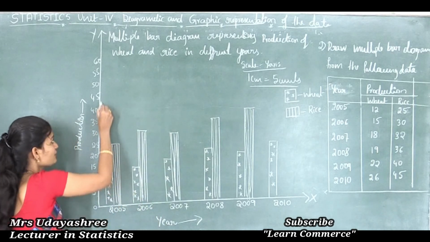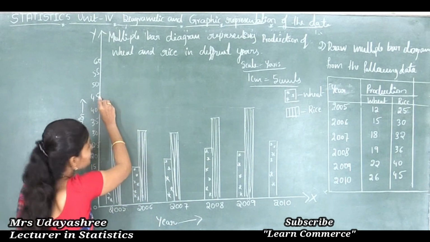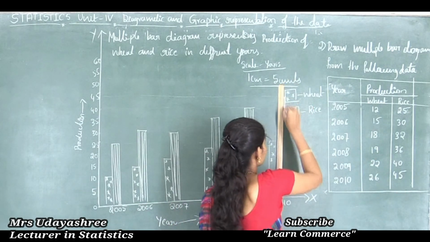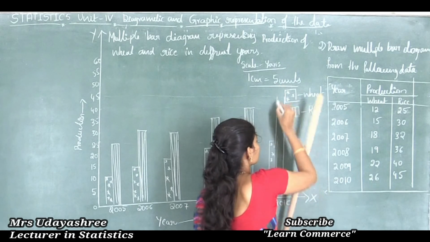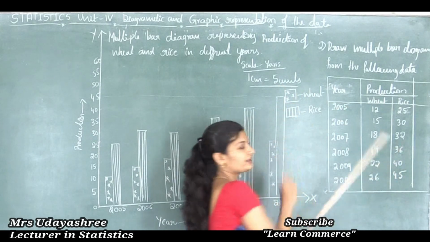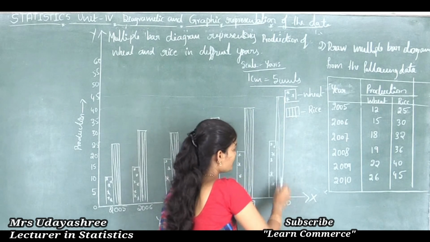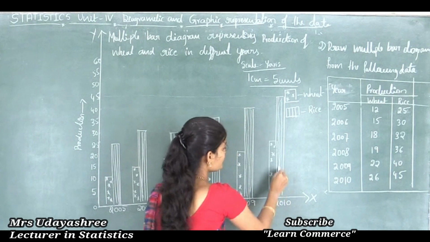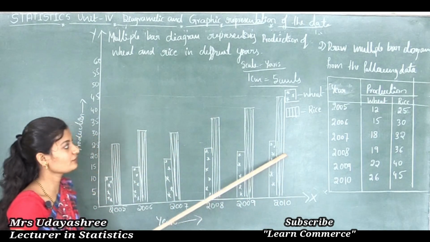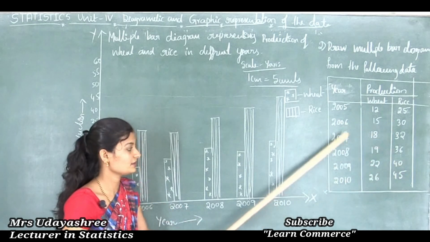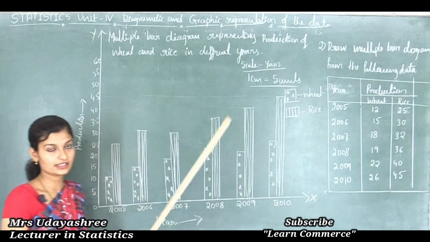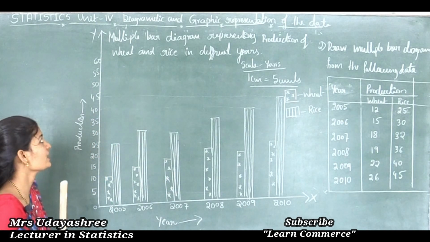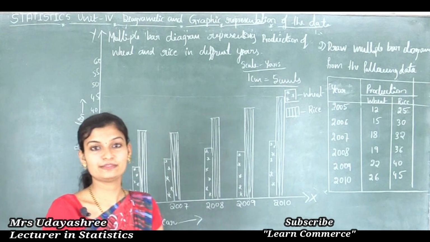So 40 is here, 45 is here, and we draw one bar here. This is for rice, the rice shading mark is like this, and this bar indicates the production of rice in the year 2010. This is all about the multiple bar diagram representing production of wheat and rice in different years.